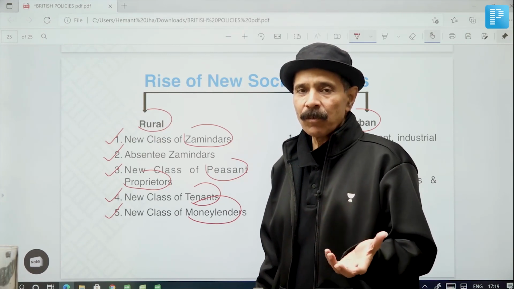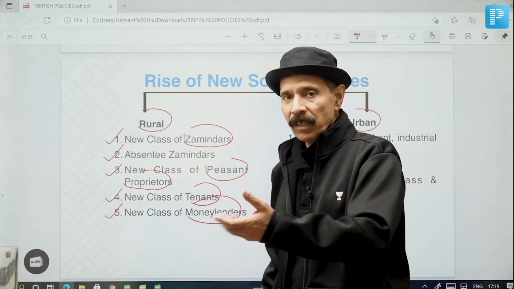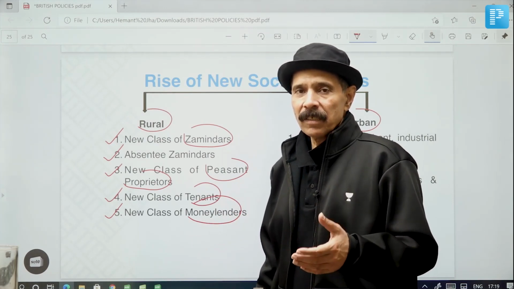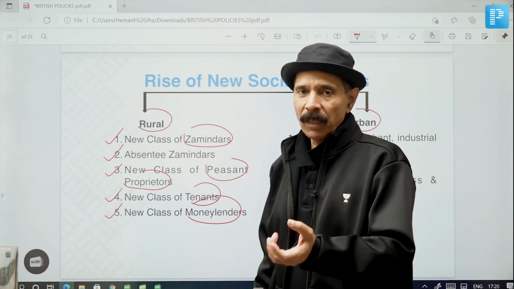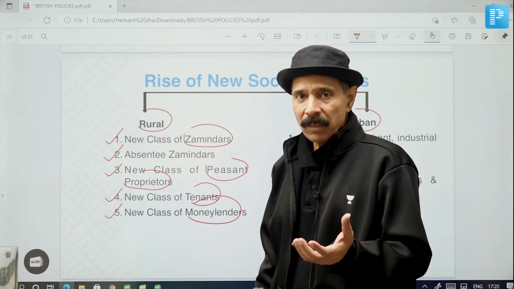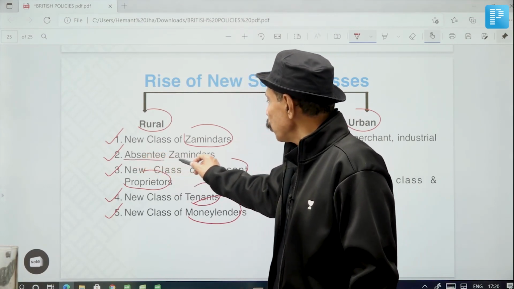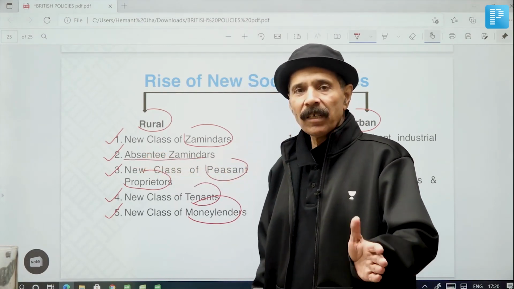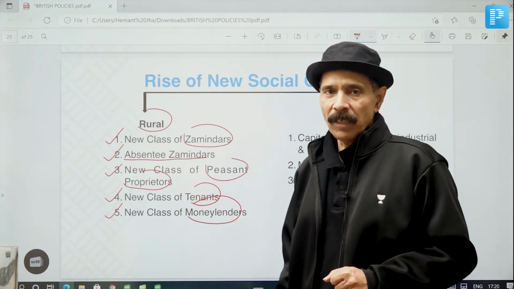And this highest bidder could be a merchant or a moneylender living in an urban area. So a merchant or a moneylender becoming zamindar, but becoming an absentee zamindar because not associated with land, living away from the village in an urban area.